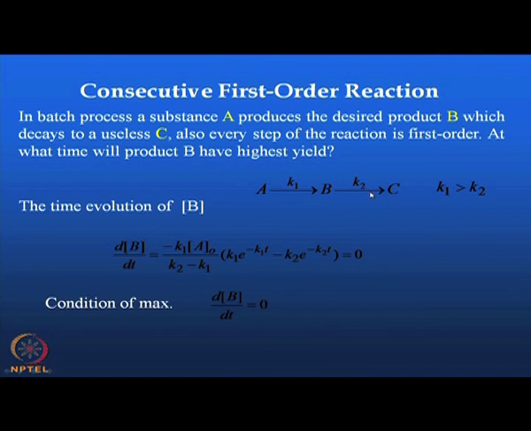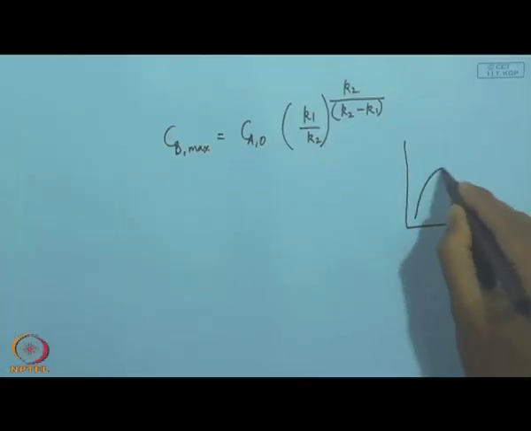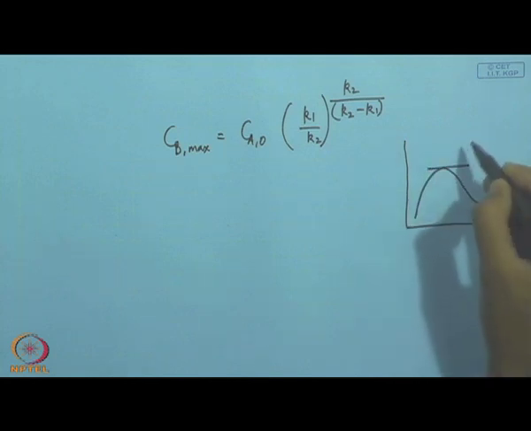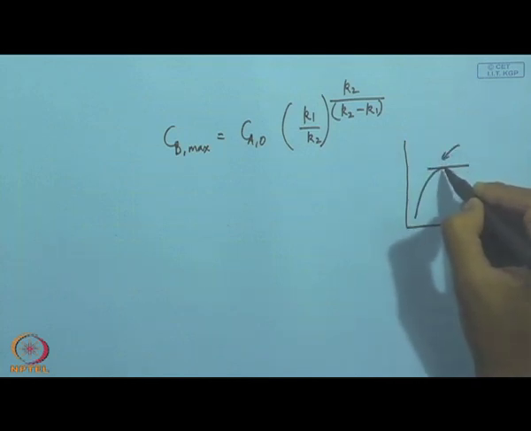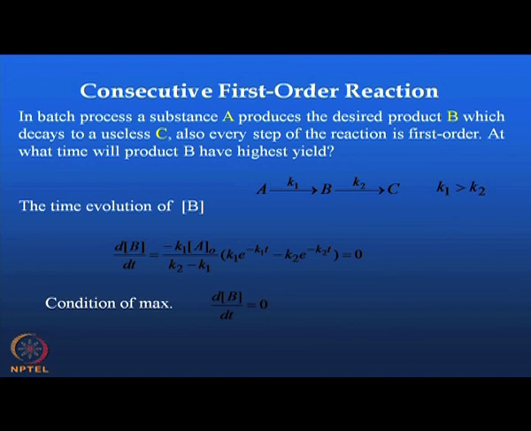If it is not first order or something else, then you cannot use these expressions and equations; you have to think of something else. So, you have to extremize it, because you would like to find the condition when the maximum happens. This is concentration versus time, so you just extremize it.